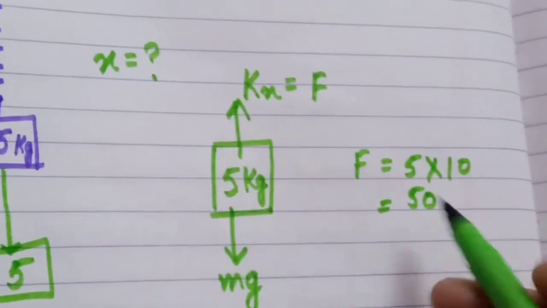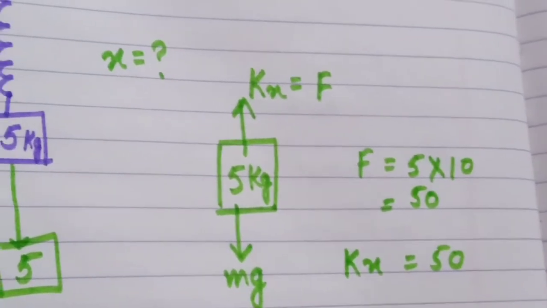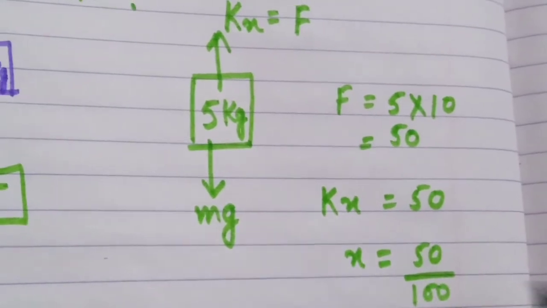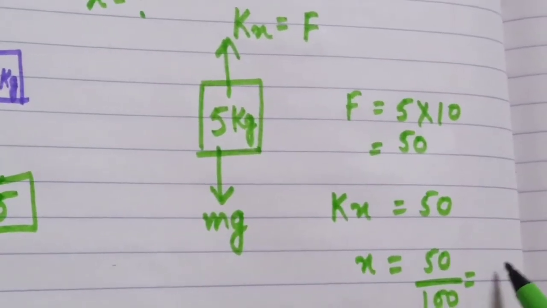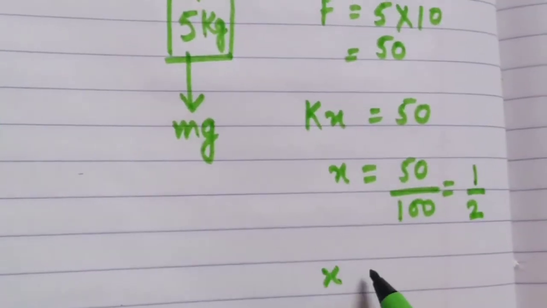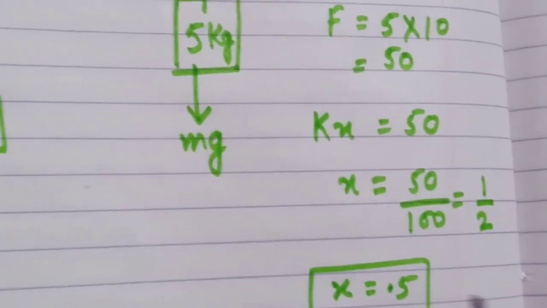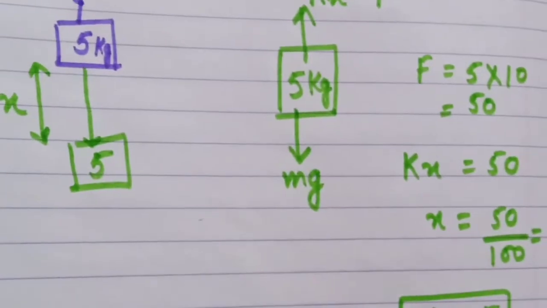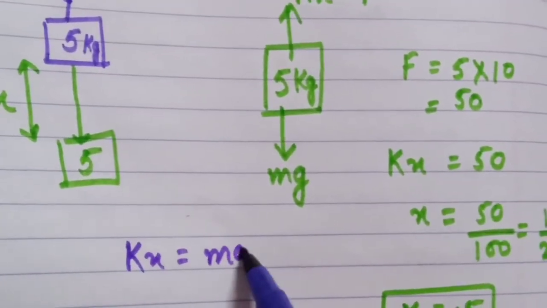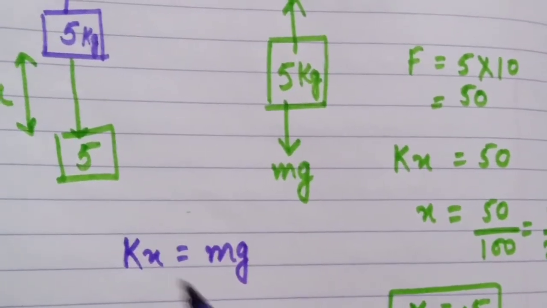Because F is equal to Kx, Kx is equal to 50, x is equal to 50 upon 100 is equal to 1 upon 2. The value of x is equal to 0.5. We can solve it directly like this. Kx is equal to mg, and here we put the value of all and we find the x.